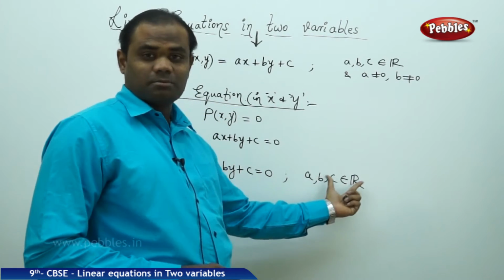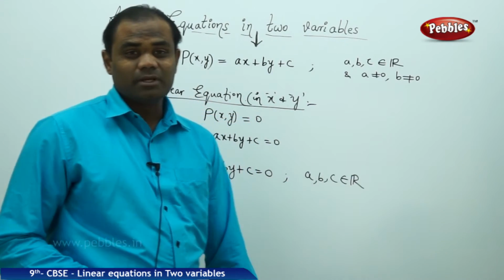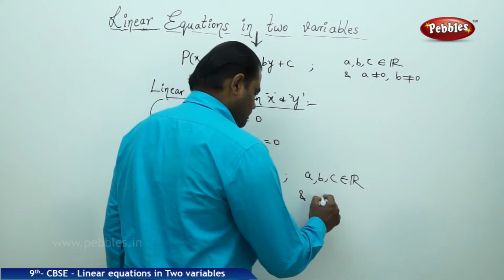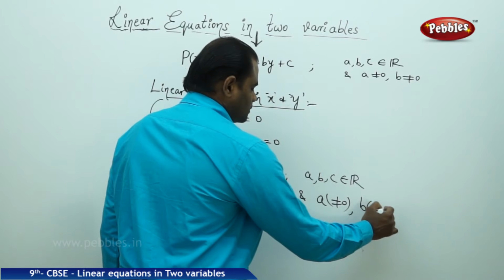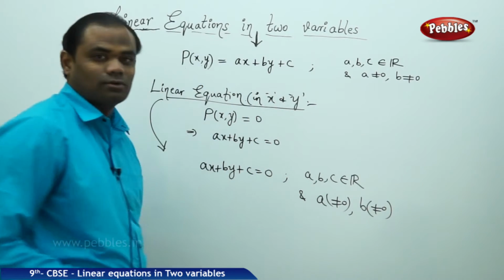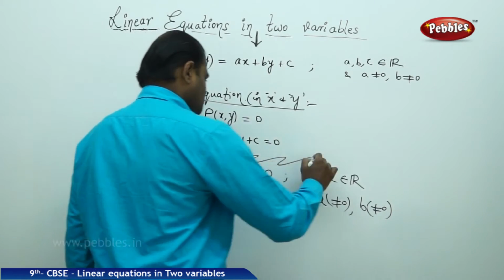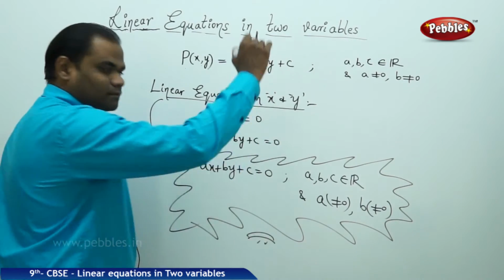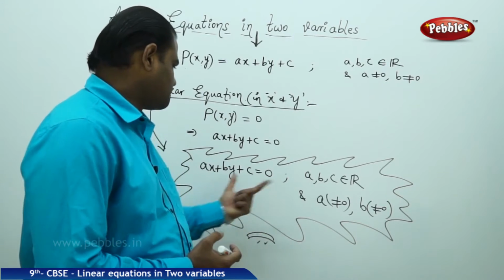So a, b, c must belong to real numbers, and the second condition is that a and b should be non-zero real numbers, a not equal to 0 and b not equal to 0. This is how I define the linear equation in two variables x and y.